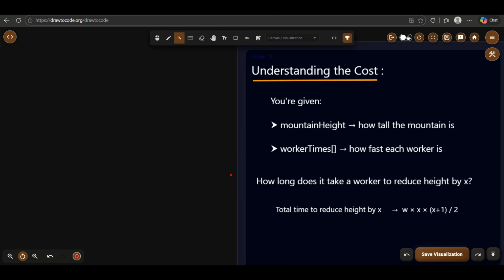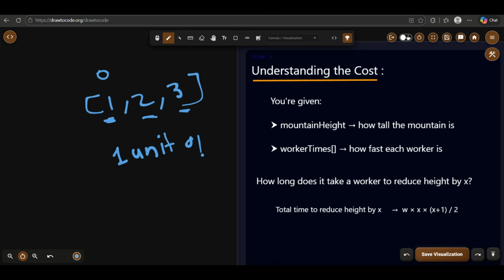So what is given again? Mountain height and worker times. Worker time means, suppose worker times are 1, 2, 3, then the 0th worker can chop 1 unit of height in 1 second. So this is the time required to chop 1 unit of height.